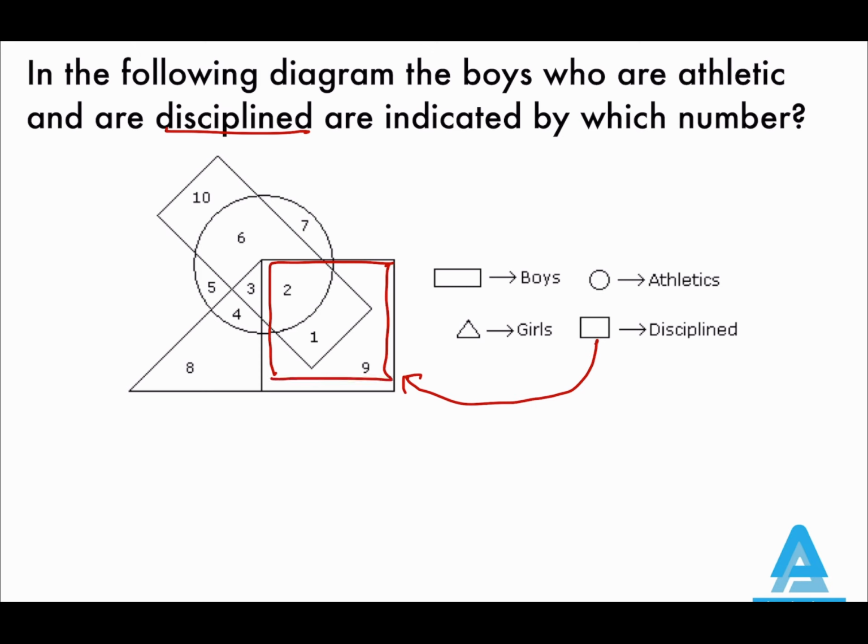Okay, it doesn't matter how that Venn diagram is looking. We just need to find out what is overlapping. Okay, so athletic circle. Circle is showing athletic. So athletic is this. Now tell me where red and violet are intersecting. So this part here, that is 2.